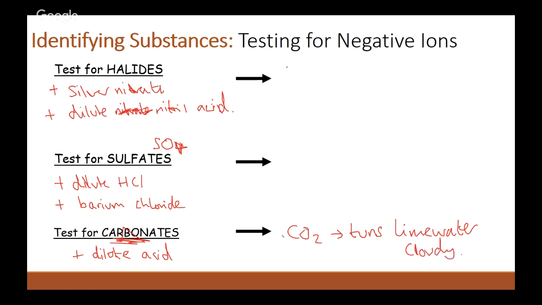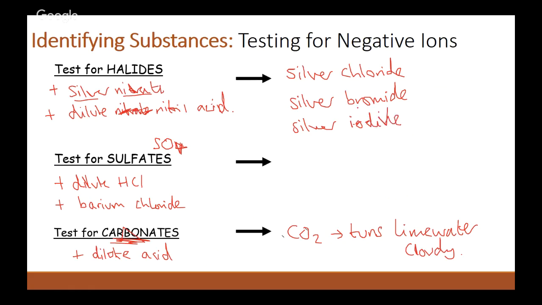Testing for halides then at the top, there's 3 that you can make. Because you've added silver nitrate to your halide, you end up with a precipitate, which is a solid, that will either be silver chloride, if you've got something chloride, like magnesium chloride or iron chloride. You could make silver bromide as your precipitate, or you can make silver iodide.